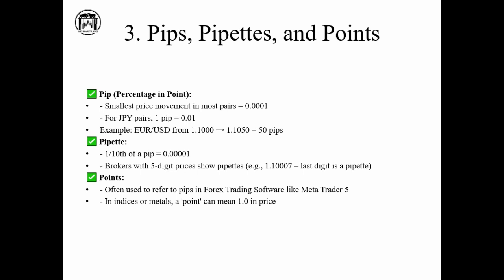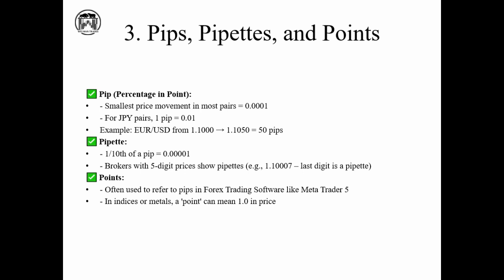If you took a trade at 1.1 and then the market moves to 1.1050, the difference between the two gives 50, which means that's 50 pips. It's just getting the difference from the starting point to the end point. That difference gives you the pips moved by the market.